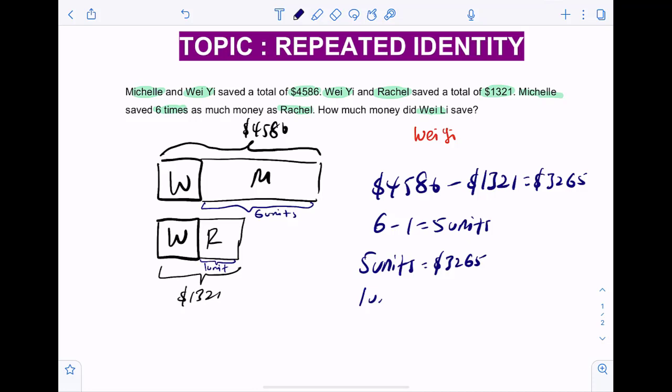Okay, we can find 1 unit next. 3,265 divided by 5 is $653. And we can find Wei Yi's amount, which is right here, the question mark.